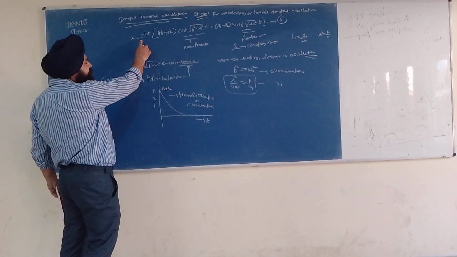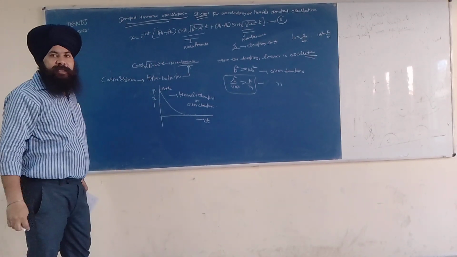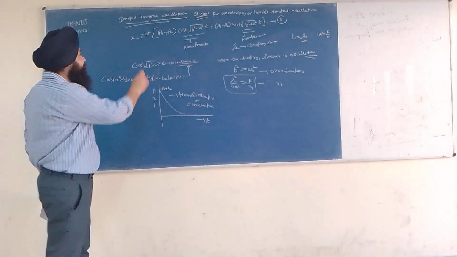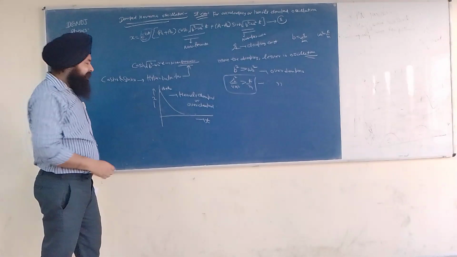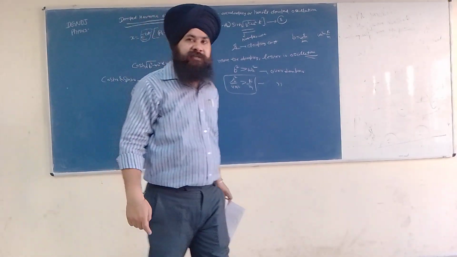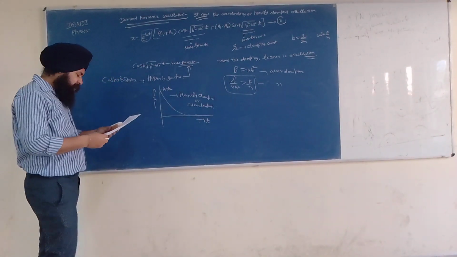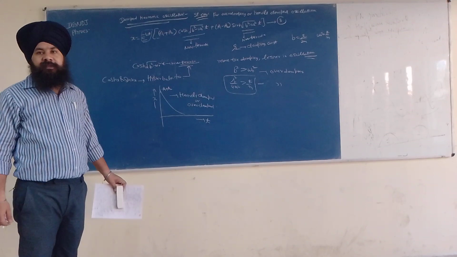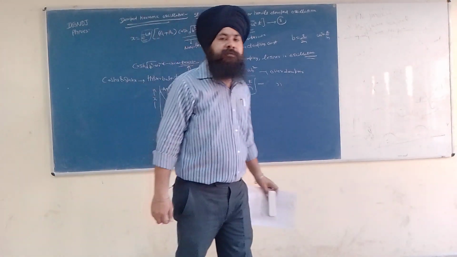In equation 8, see, this is called the exponential function. That is why this graph also decreases exponentially very fast. Equation 8 also shows that x decreases exponentially. Use the red pen.